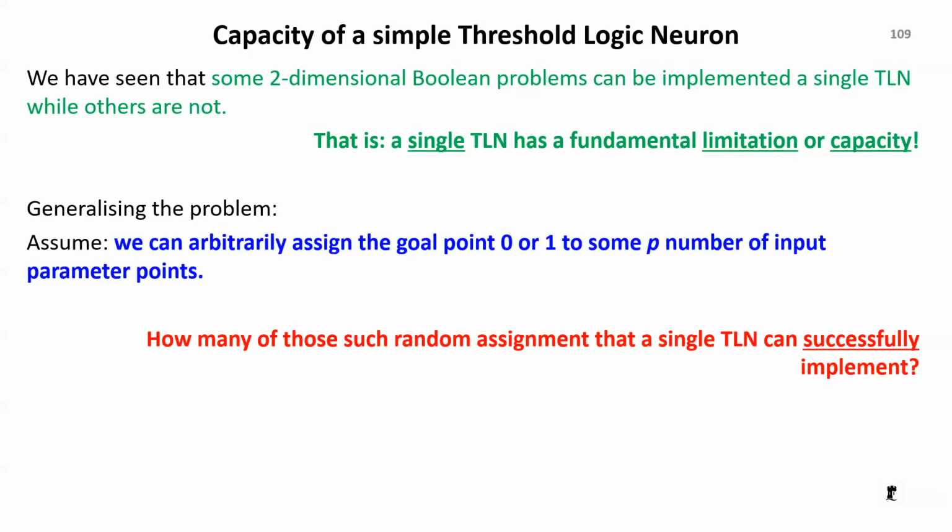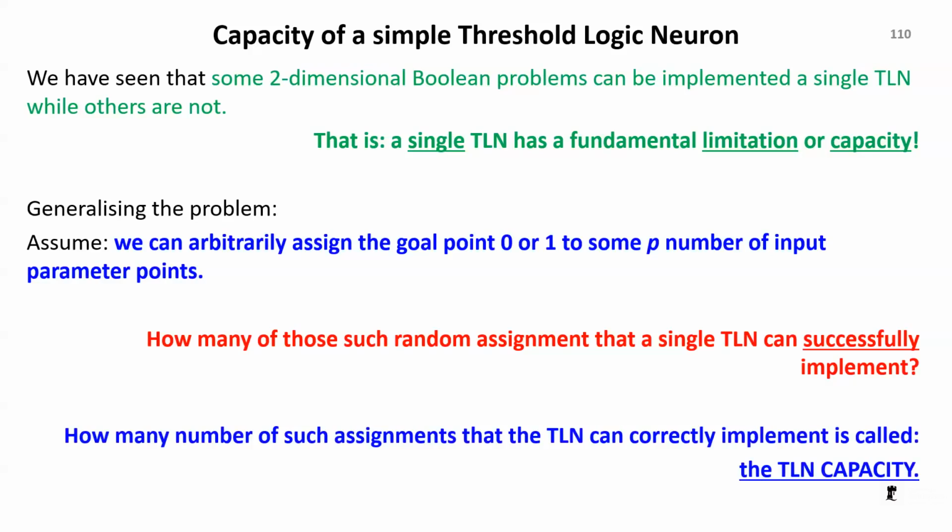Because if a single neuron can discriminate each individual point perfectly, it means the neuron can solve that problem. So what we want is to compute all the possible combinations a neuron can do to discriminate each individual point. And we will see that a neuron cannot discriminate all problems. And that number of discriminations, we call it the capacity.